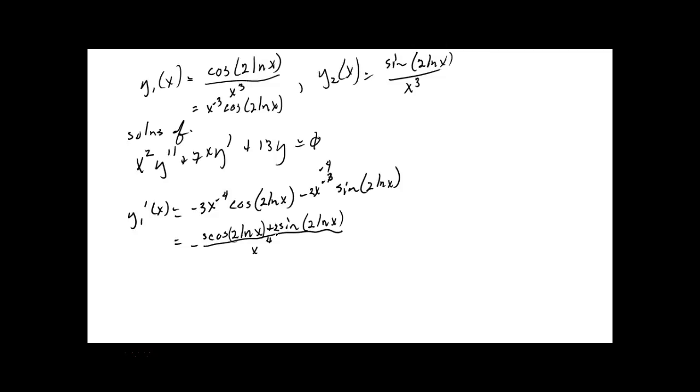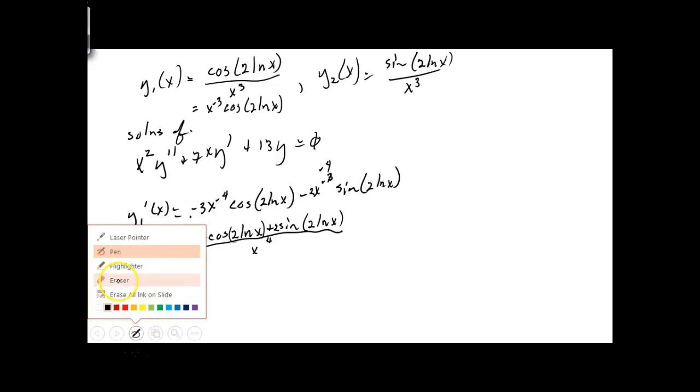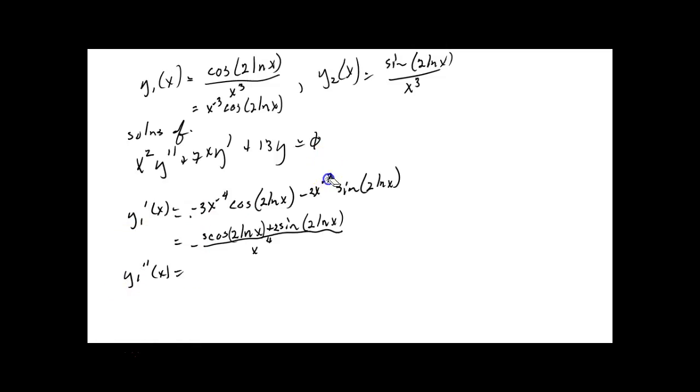Now, when we go to take the second derivative of this, that'll be y1 double prime of x. I want to go back and use this one because that's the one I want to go by. And I'm going to clean this up just a little bit so it'll be easier to read. That's to the minus 4. Okay.